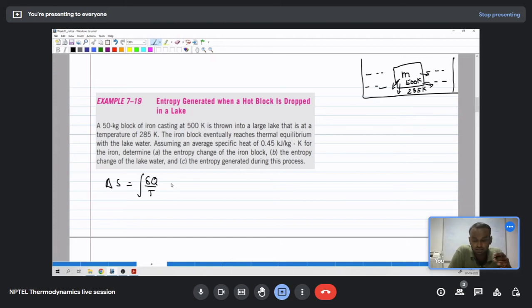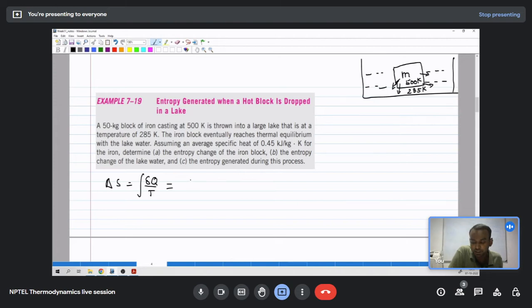Since it is a lake, we can assume that there is no appreciable change in temperature of the lake because of this small iron block, and we can assume that lake temperature is constant at 285 Kelvin. But the temperature of the iron block keeps on reducing, and so we have to calculate this using the integral.